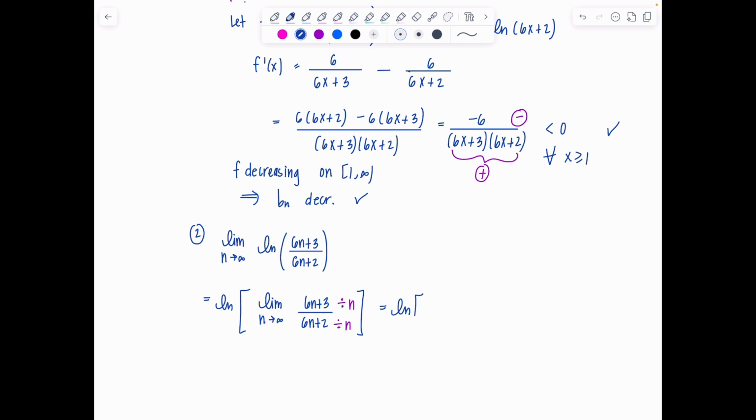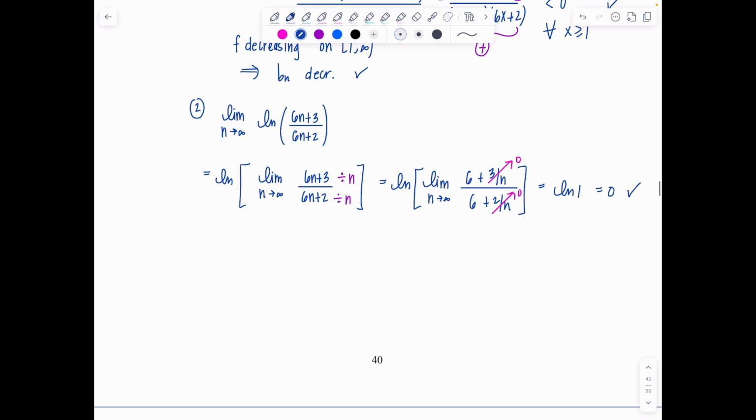So I've got natural log of the limit as n goes to infinity of (6 plus 3 over n) over (6 plus 2 over n). And then these guys both go to 0. 6 over 6, that's 1. So I'm left with natural log of 1, which is 0. Perfect. Remember, the limit of b_n needs to go to 0. So both conditions are satisfied.